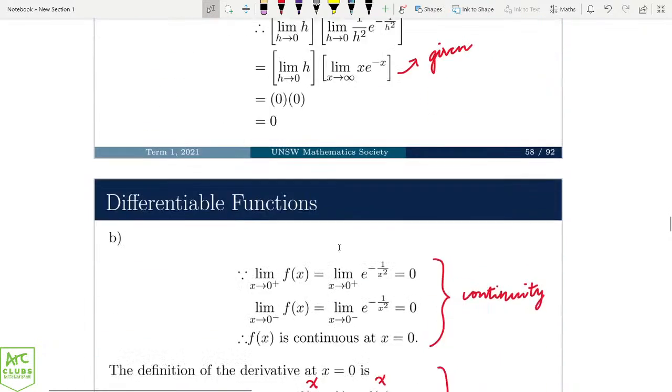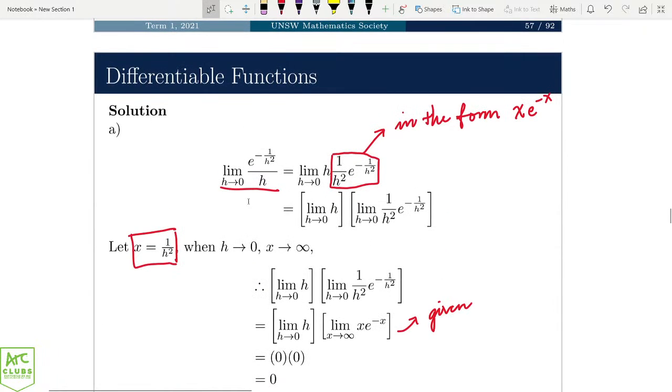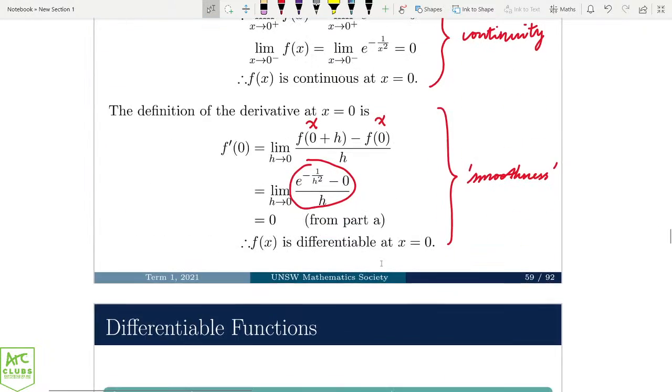And then our f(0), which was given in the question again, is just 0. You might realize that this expression here is exactly what we worked with in part A. So we know this to be 0.